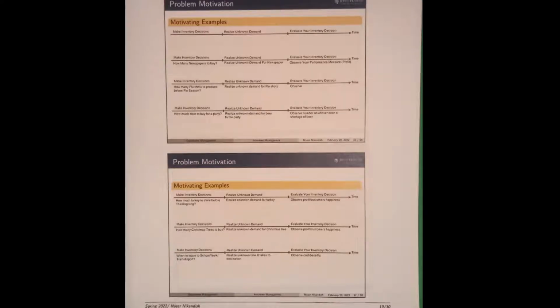I know the demand, so I am going to store inventory equal to demand. When I flip the time frame, that's when the problem becomes more realistic and more exciting.